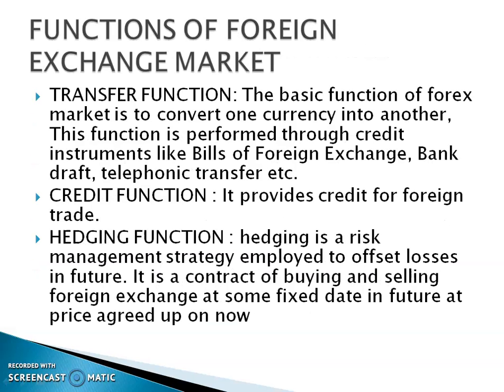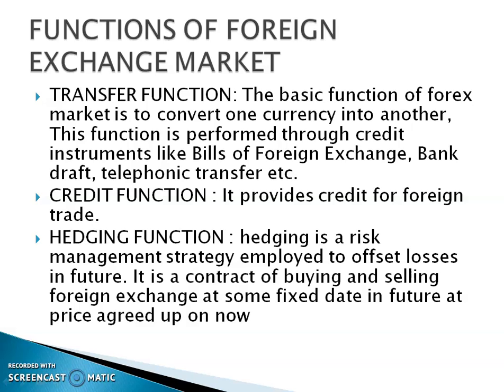Okay. Then the next one, functions of the foreign exchange market. The following functions are performed by a foreign exchange market. First one, transfer function. The basic function of the foreign exchange market is to convert one currency into another currency.